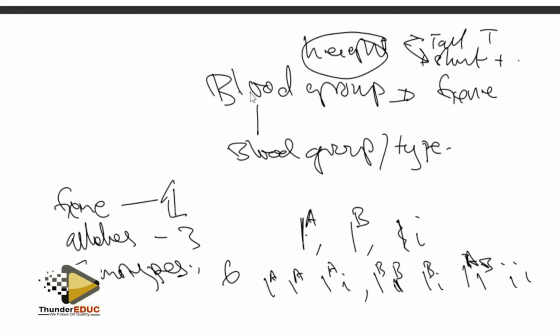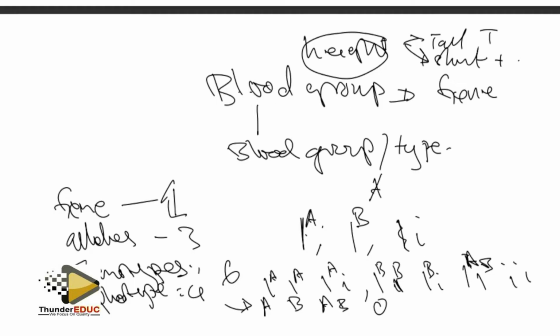So 1 gene, 3 alleles, 3 genotypes, and then phenotypes, there are 4, which is A, B, and O. So basically that is it. Oh, AB, yes, AB is codominant.